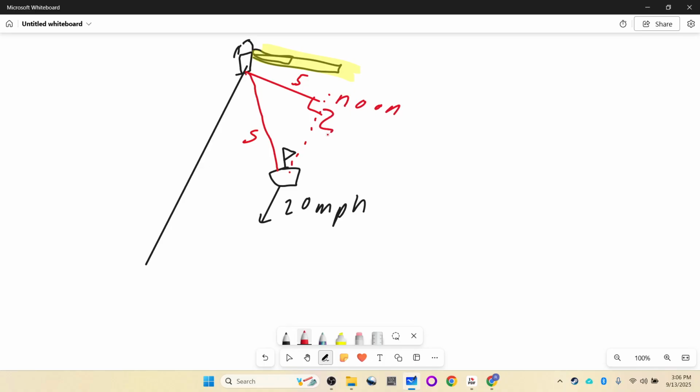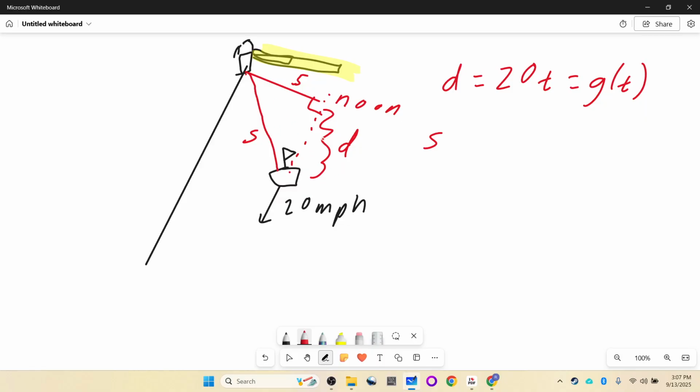So the distance traveled here, we'll call that D. They told us to call that D. Since we're at 20 miles per hour, D must equal 20 times T. And that's our G of T. Now, you might not be able to figure out immediately what S is as a function of time. I'm not sure.